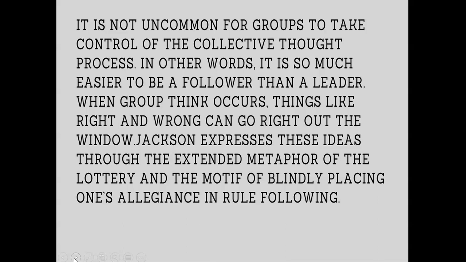When groupthink occurs, things like right and wrong can go right out the window. Fourth sentence, construction of meaning. Jackson expresses these ideas through the extended metaphor of the lottery and the motif of blindly placing one's allegiance in rule following. So all day long, students can do this.